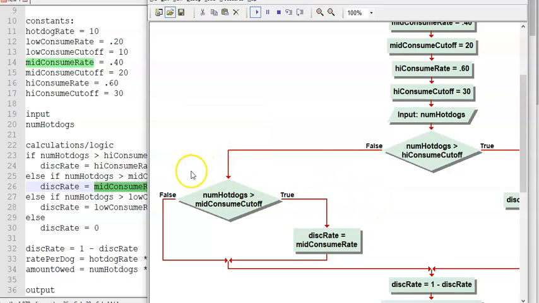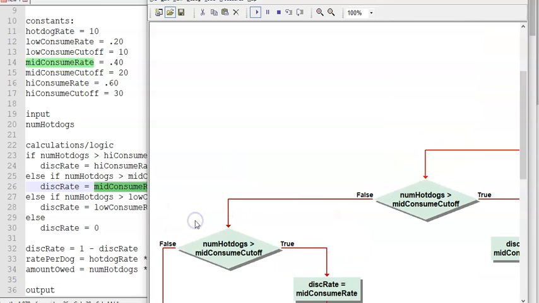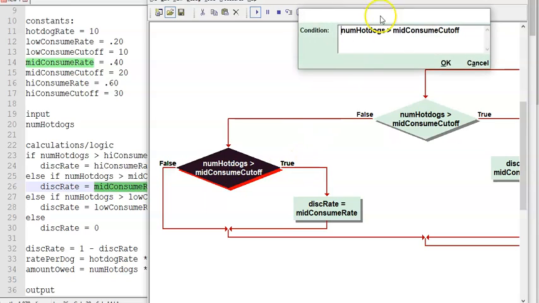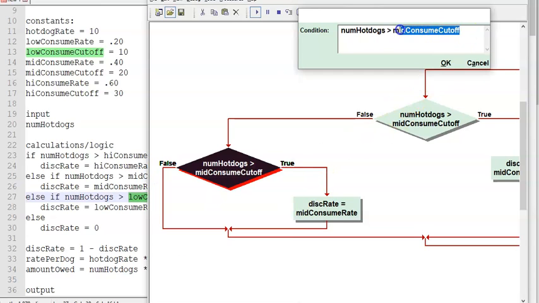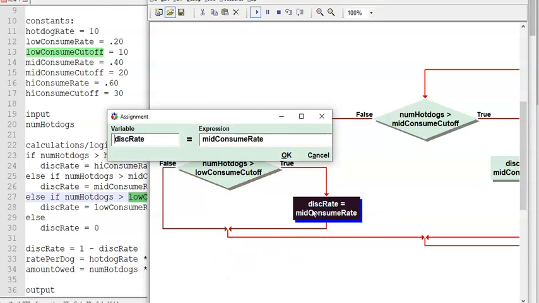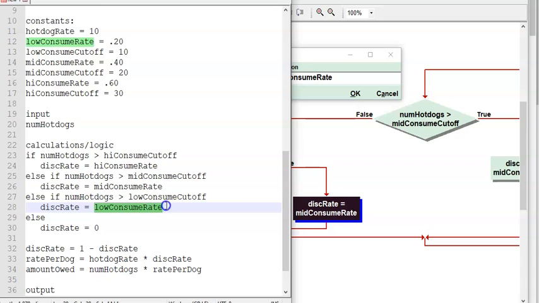And since that one worked, I'm going to copy this, paste it over here, and then just change this one to what I would need it to be. So again, this one here, number of hot dogs is the same. All I have to do is get low consume cutoff. Control C, Control V. And then for this one, all I need is the low consume rate.